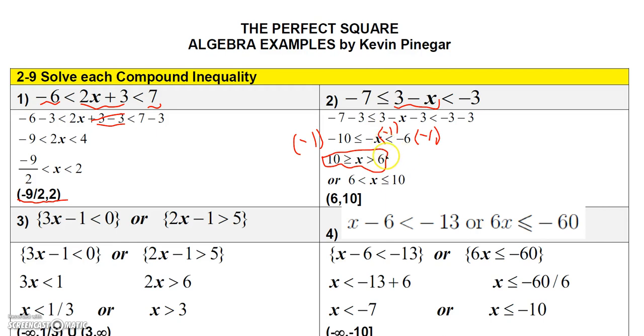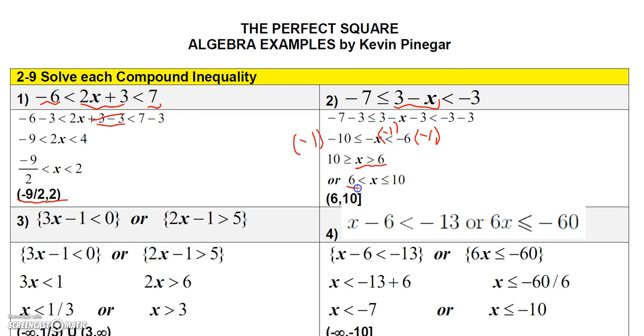But generally when we represent an inequality like this, we always want the smallest number written first. So what I'm going to do is I'm going to read this from the smallest number to the largest number from right to left. And just watch what I do. If I read from right to left, this says 6 is less than x.